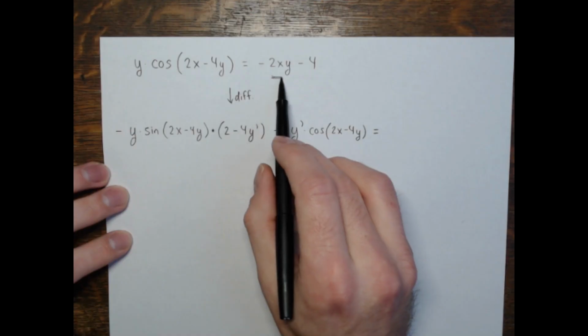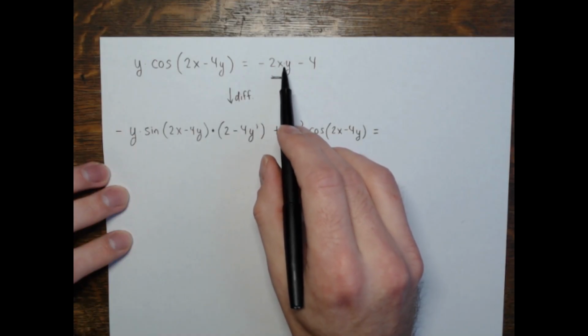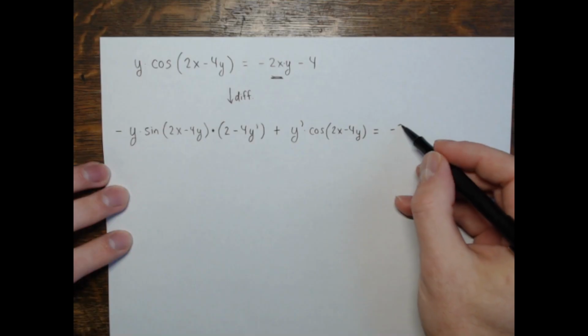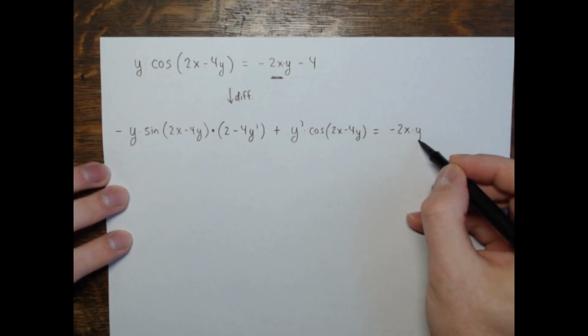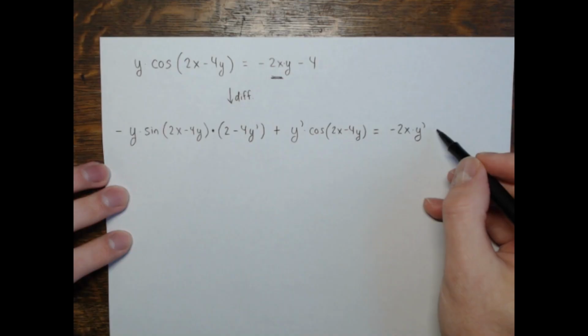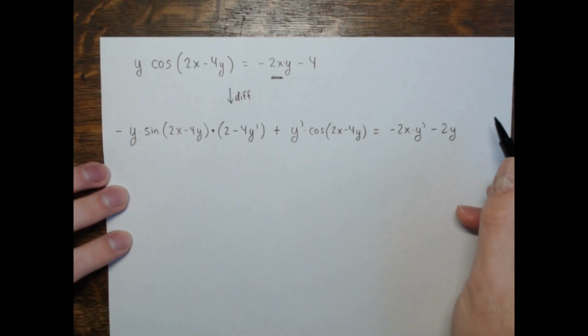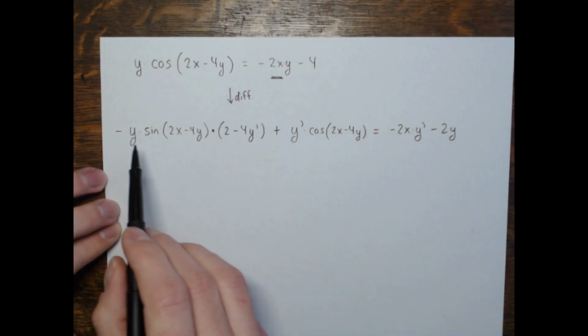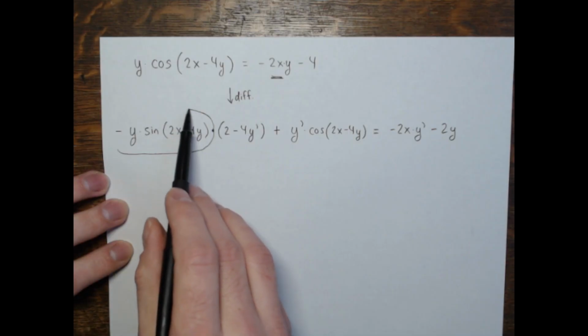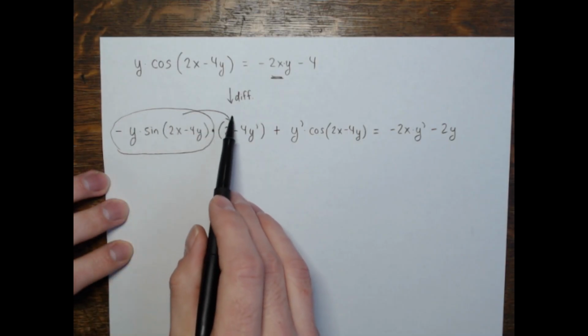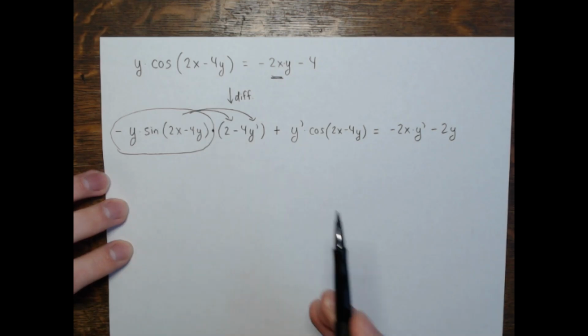And then the right side, another product, right, where negative 2x times y, so it'd be negative 2x times y prime. And then just minus 2y. So negative plus negative 2 times y. All right, and then I gotta distribute this quantity here to get rid of the parentheses around the expression with y prime here.